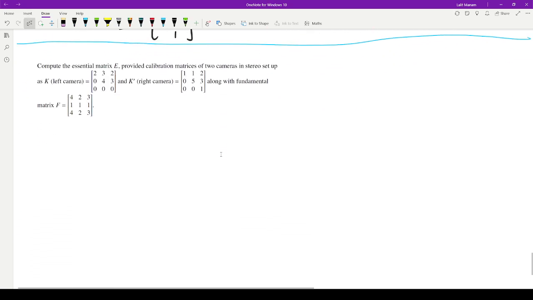So for the next question, you need to compute the essential matrix given the calibration matrices K and K prime along with the fundamental matrix F. What is the difference between the essential and fundamental matrix?